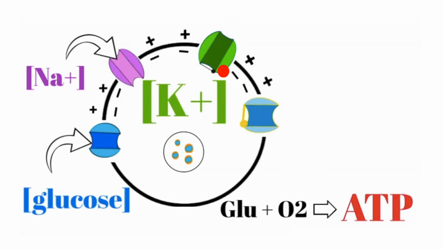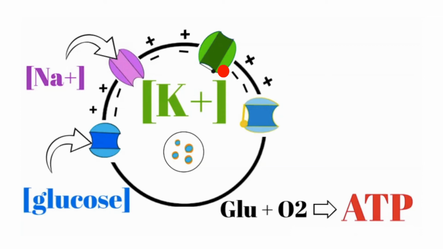And part of that is due to something I haven't shown in this image because it would just make the image even busier than it already is. But there's going to be a sodium-potassium pump, which is going to be continually pumping potassium back into this cell.